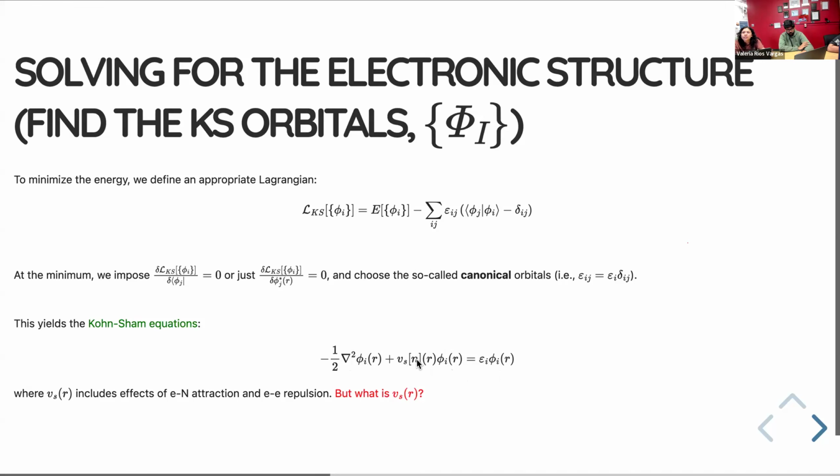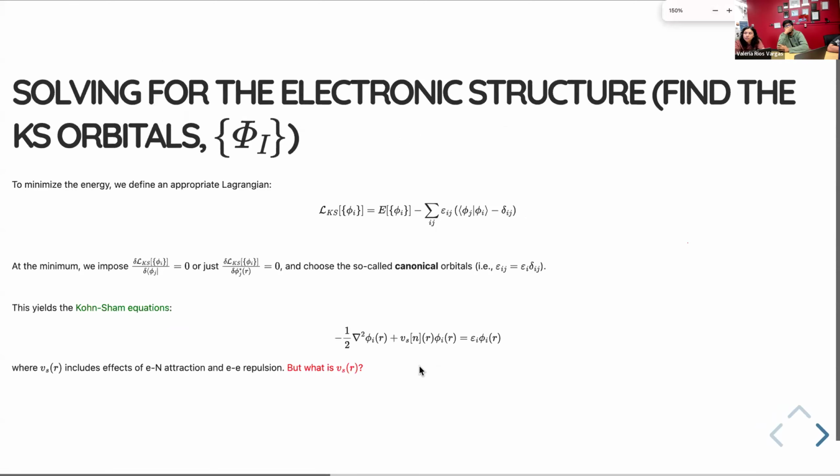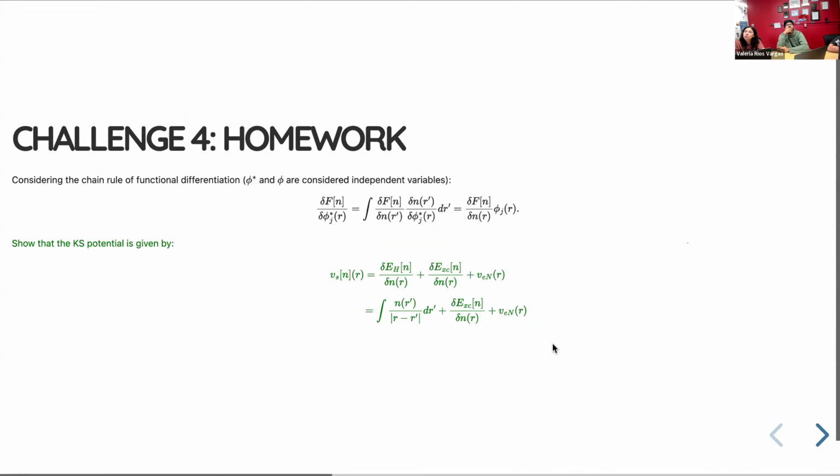So in this case, we wonder, okay, we've done this, so what is the effective potential? We have been talking about it, but we haven't really defined it or given an explicit form of this effective potential. So that's going to be your challenge 4, and it's homework. You're going to need to know the chain rule of the functional derivative.